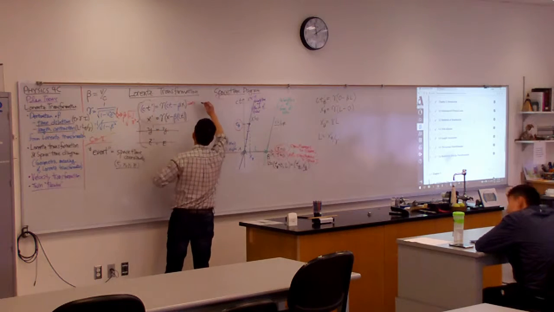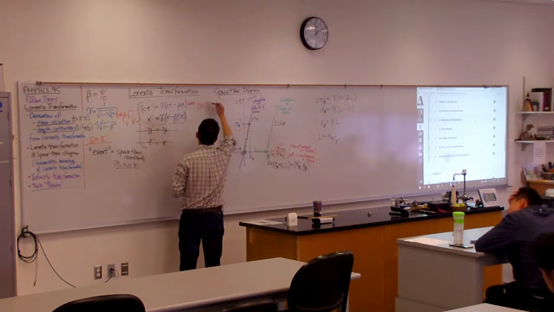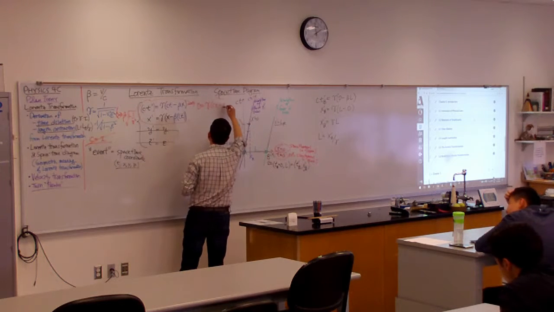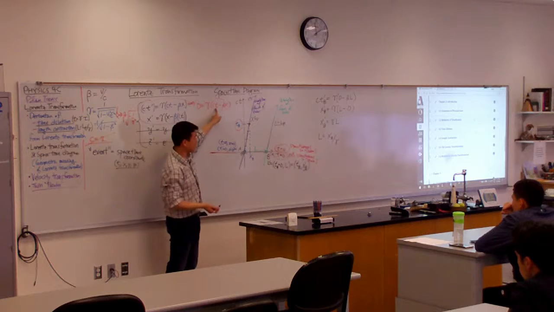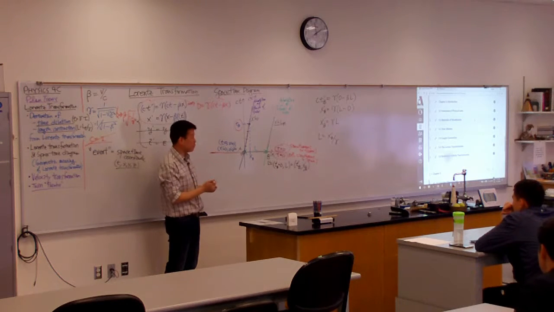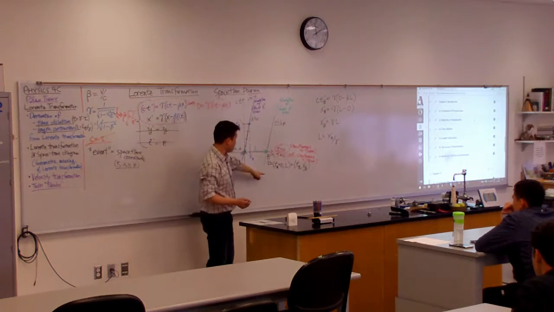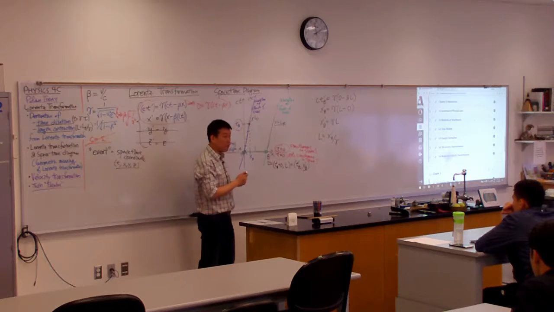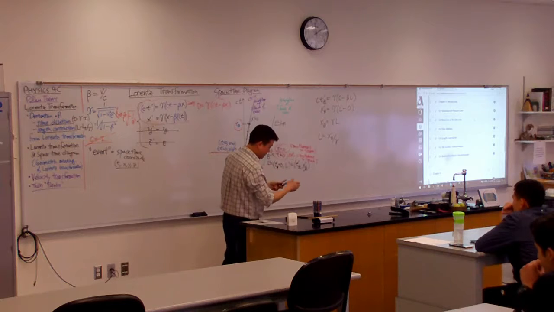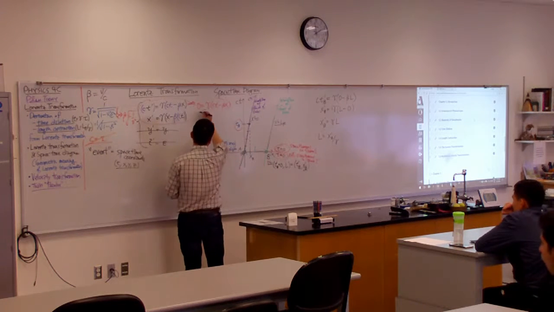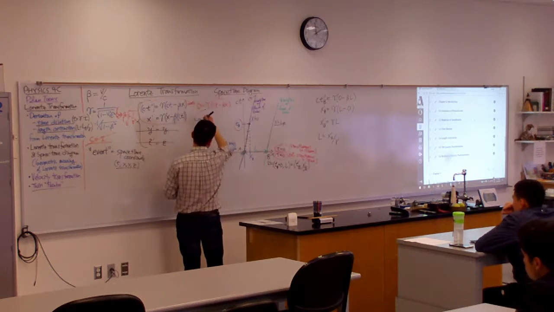So 0 is equal to gamma times ct minus beta x. So we get a relationship between x and t. And I can use that to find a line that I can draw in this x-ct coordinate axis. Ct is my y, so let me solve it in that format. Gamma, I can cancel it out.